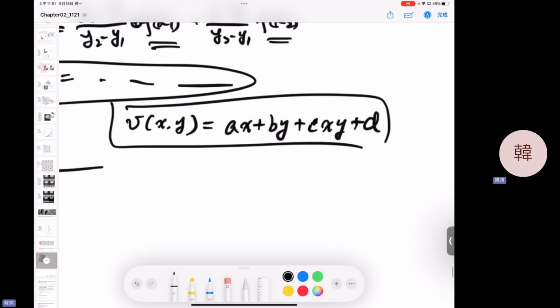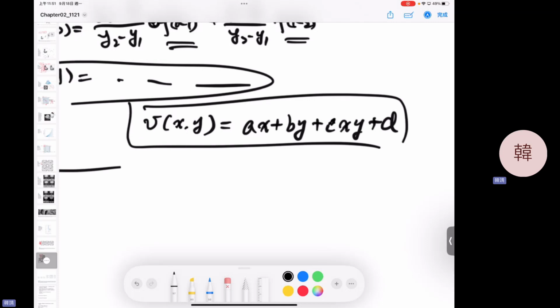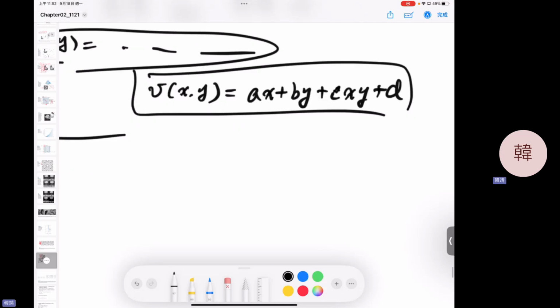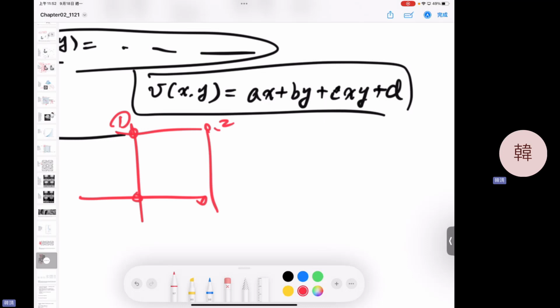So let's use one example. Okay, how do you do this one? For example, let's see, an easy example here. We have 4 points here: the first neighboring point, second, third, and fourth. The grade level of this one is 10, and the first pixel is located at coordinate 1, 2.